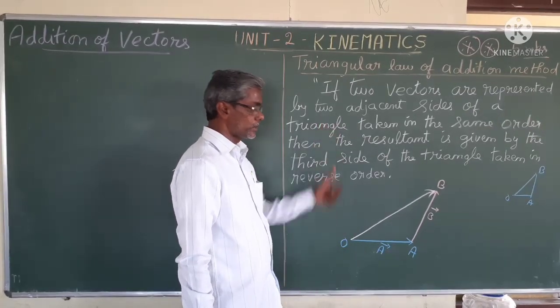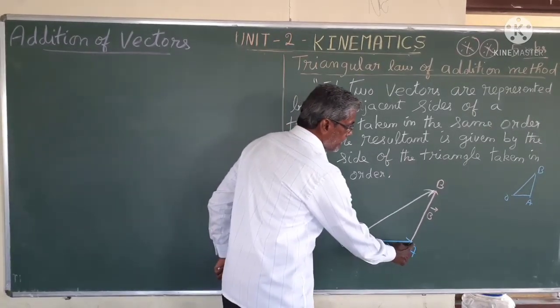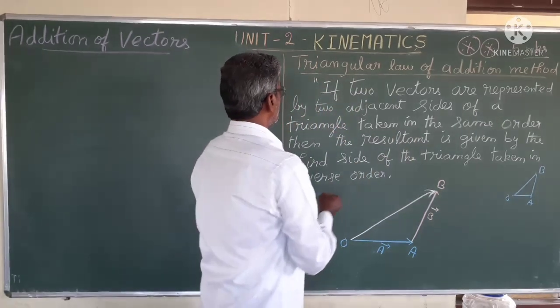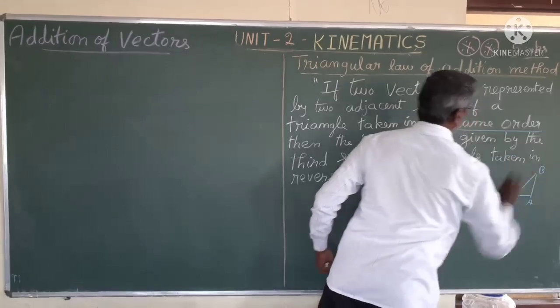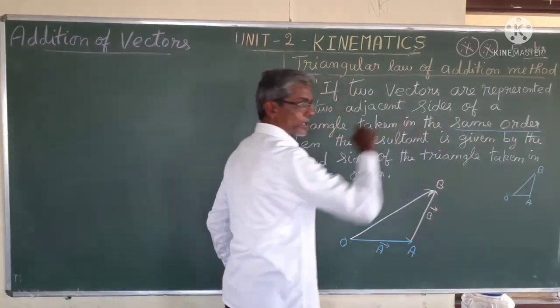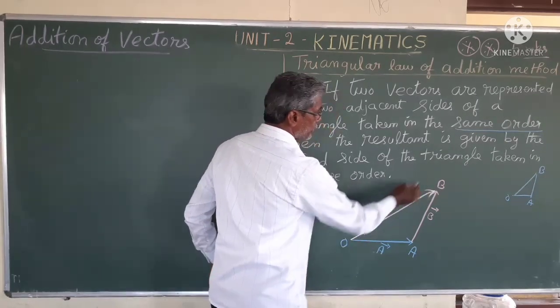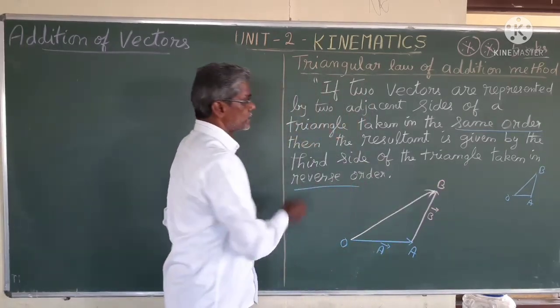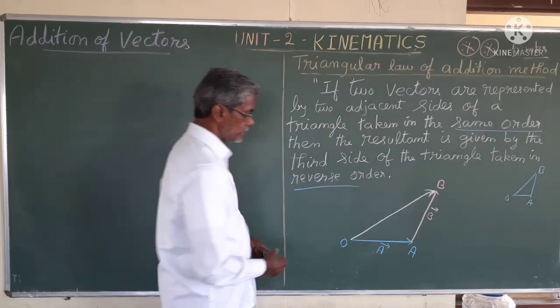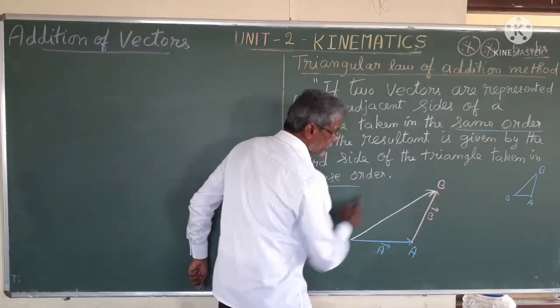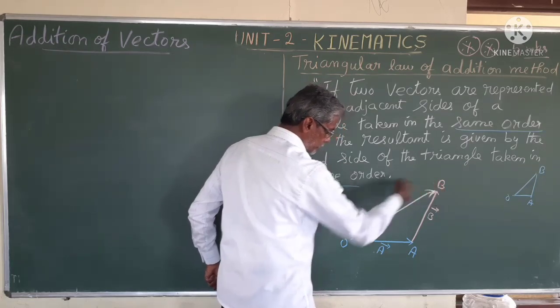Now I will come to the definition. This OA and AB must be in the same order. And the resultant will be in the reverse order. See, OA, AB, and the resultant will be from OB, not from BO.